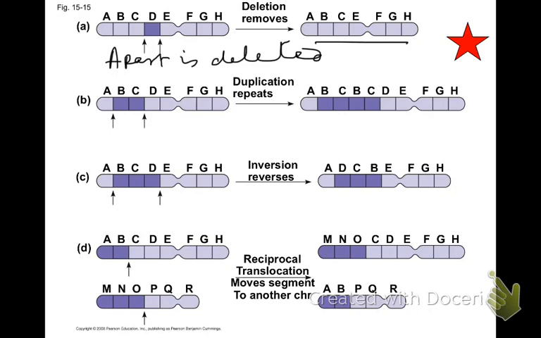I can have a duplication, or I can have an inversion. So you see, it was kind of like this, now it went like this. It kind of twisted itself.